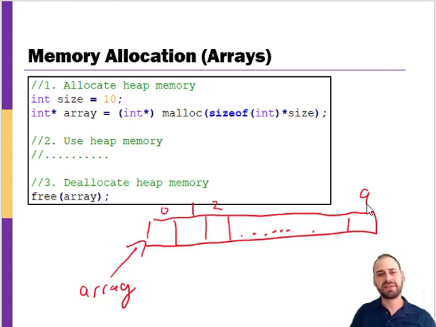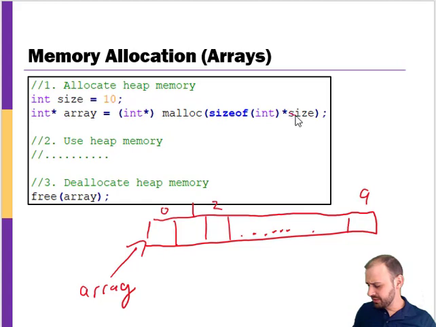So if we have an array of size 10, it's going to be array index 0 all the way to array index 9, where the term array is literally a pointer to the start of that array. So we've got something similar here, like how when we're creating it on the heap, we're going to use malloc.